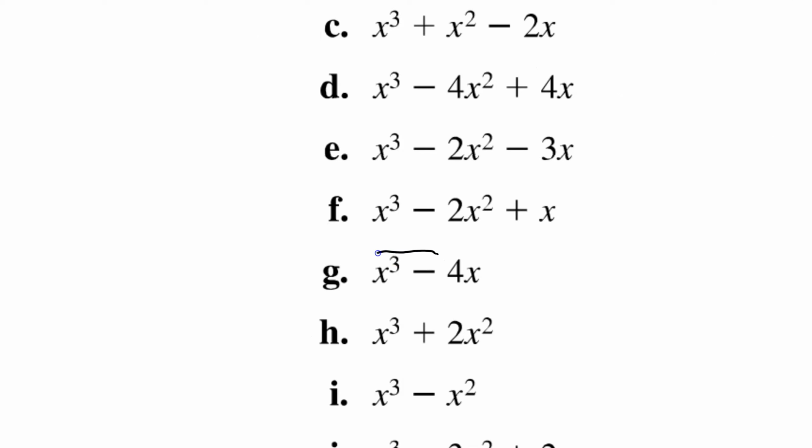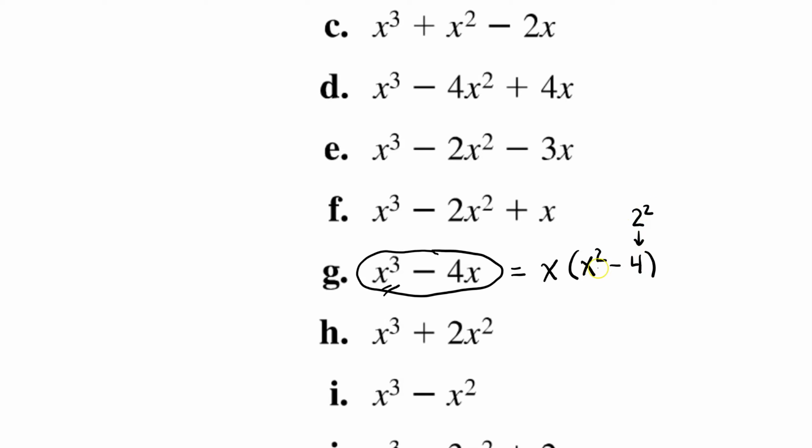So let's look down here at g, x cubed minus 4x. Once again, I see they both have an x. So I take out the x, and if I take out one of the three x's, I'm left with two more, so x squared minus 4. And 4 is 2 squared.